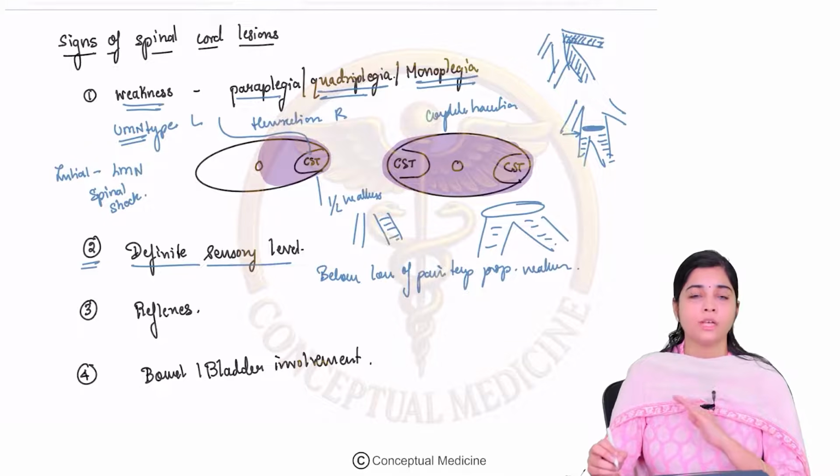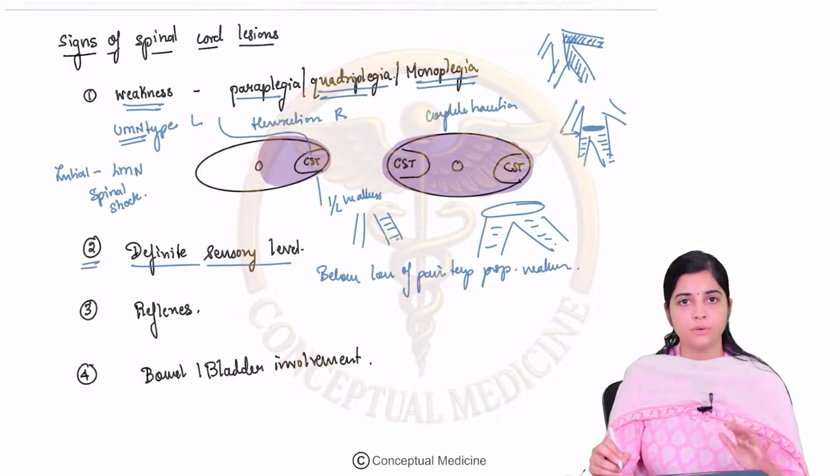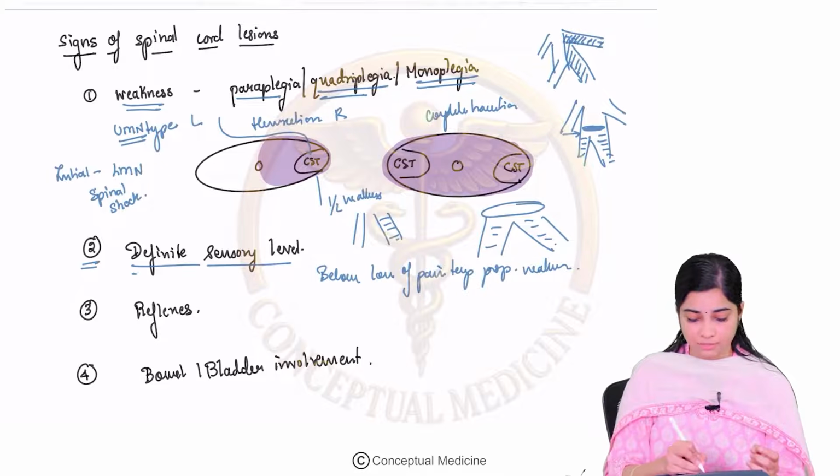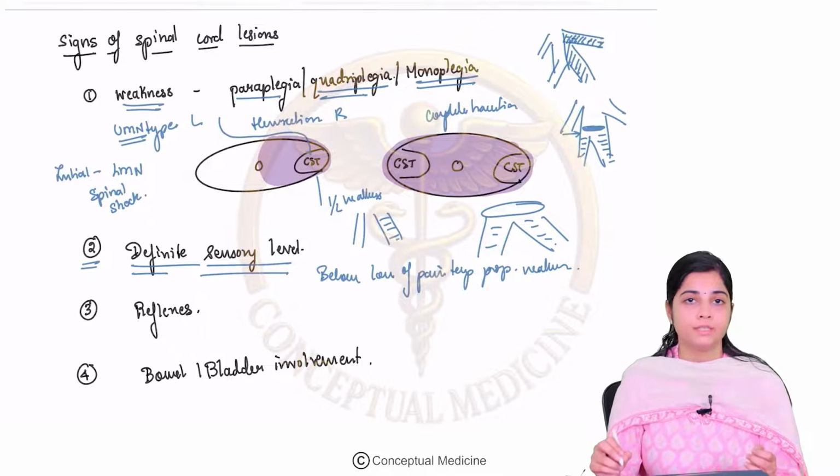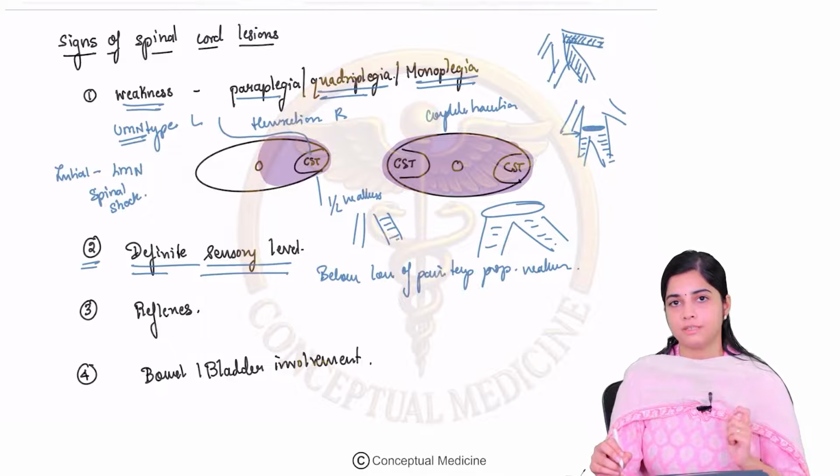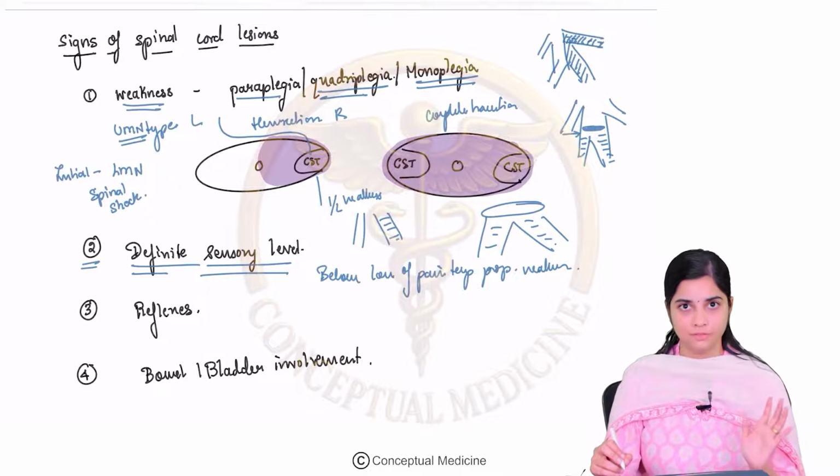There is loss of every sensation below the level and everything else is preserved above the level, and this is what we call a definite sensory level. The level below which there is a complete or incomplete loss, depending upon the degree of injury, of pain, temperature, proprioception, vibration and presence of weakness below the level of lesion.